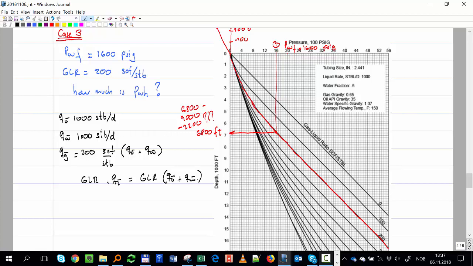So how much gas do we get here? 200 times 2000. How much gas is that? 400,000. Q gas. Cannot flow, no way. Now your manager tells you you have to make it flow. Find a way. I want to produce those 1,000 barrels. If not, you're going to be fired. What do you do?